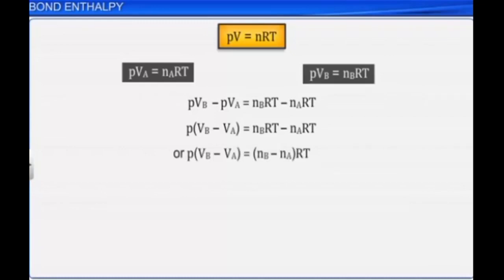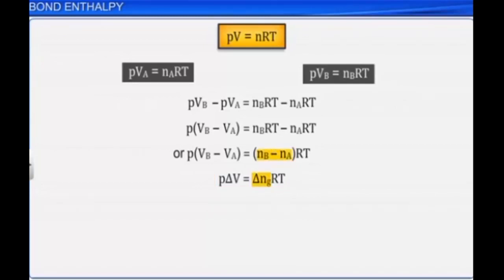That is, pressure P multiplied by change in volume, delta V, equals change in number of moles of gas, delta N, times RT. Note that delta N is the number of moles of gaseous products minus number of moles of gaseous reactants.